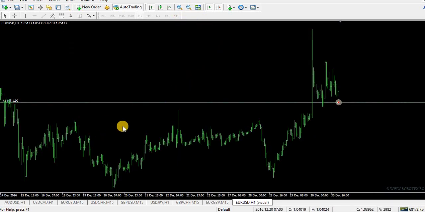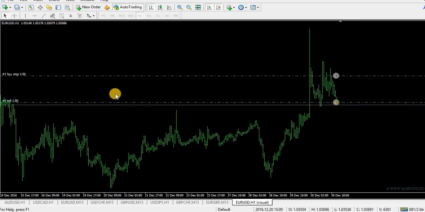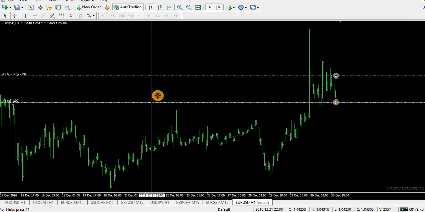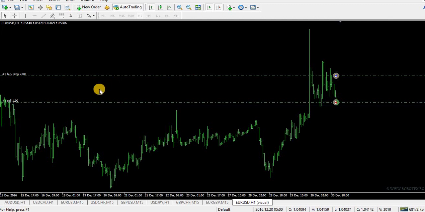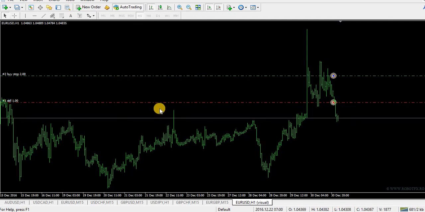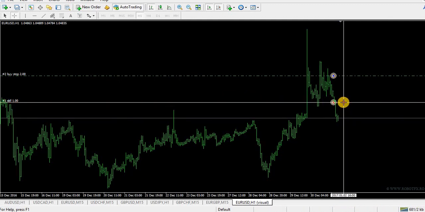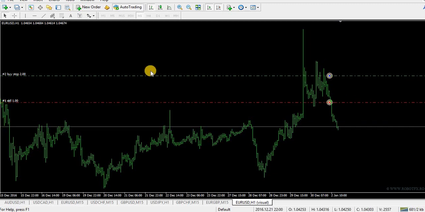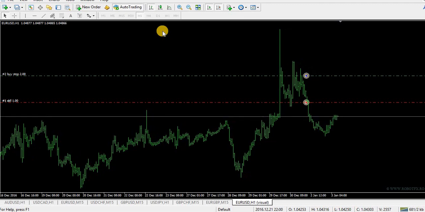And here we go. Let's say we open a sell trade. The expert advisor automatically placed a buy stop at the 50 pips, 500 points away from the sell. At the break-even distance, which was 30 pips, it placed the stop loss, and from now on we have a winning trade.